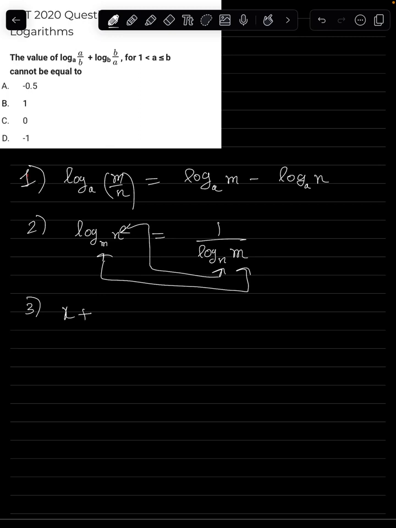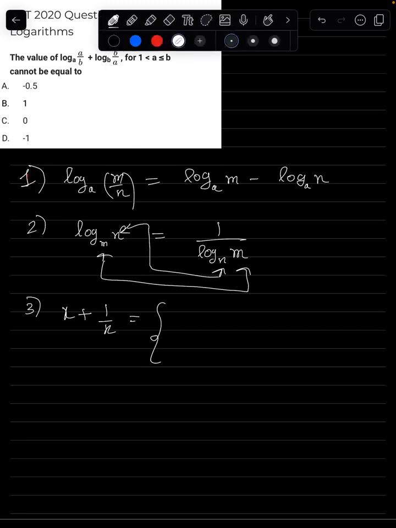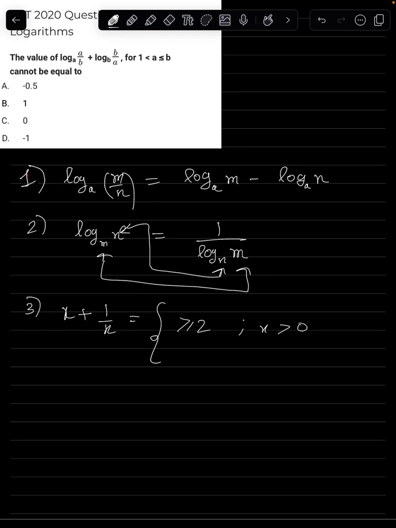And the third property that will be used here is the value of x plus 1 by x. X can be anything. It will be greater than or equal to 2 if x is positive, if x is greater than 0, and it will be less than or equal to minus 2 if x is less than 0.